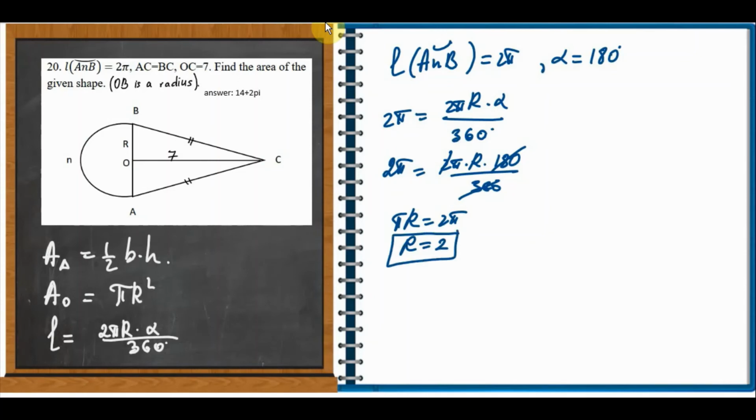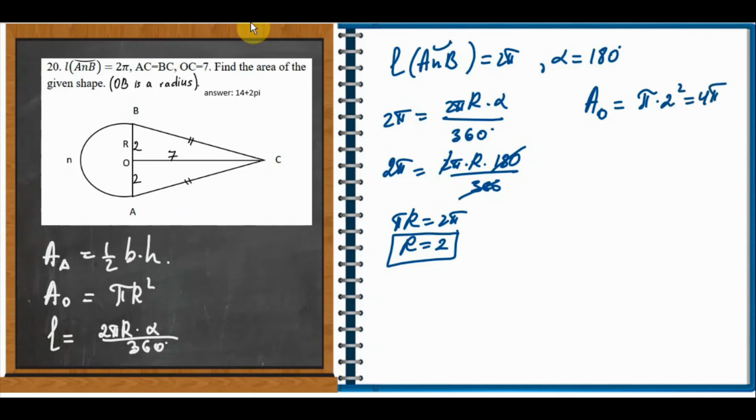Now after finding the radius r, let's label the radius on the picture to make things easy. So it's 2 and 2 here. Now what is the area of the circle? Area of the circle is equal to pi r squared, and that's going to be pi multiplied by 2 squared, which is 4 pi.